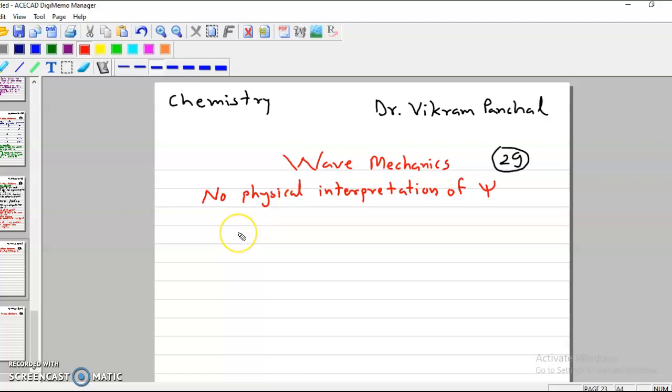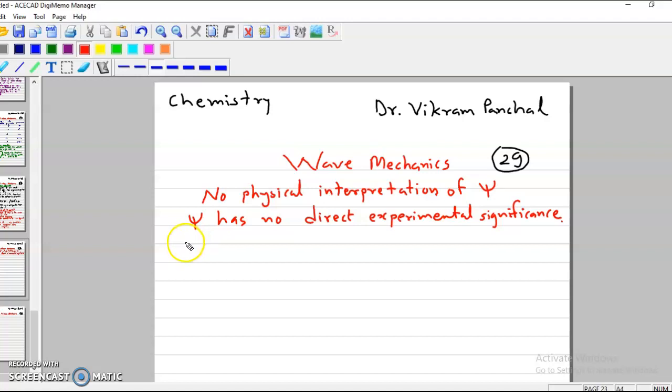And psi in a particle wave cannot have a direct experimental physical significance. So this way we do not understand anything from this symbol psi.